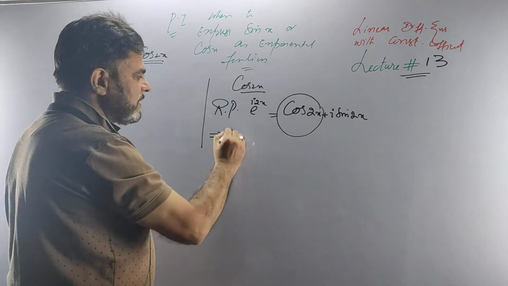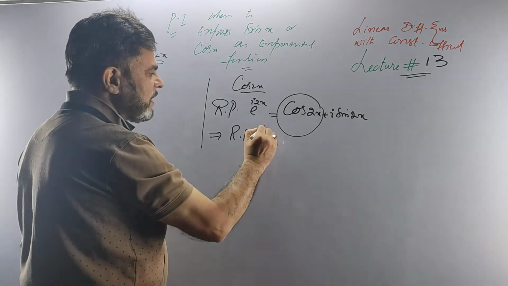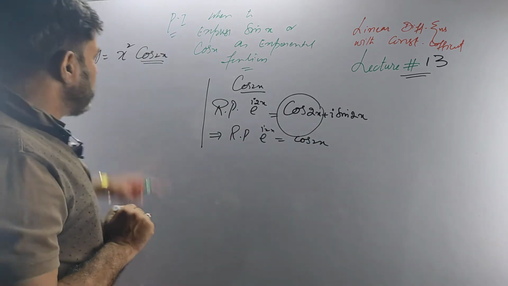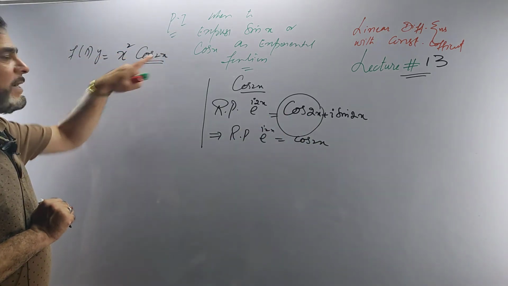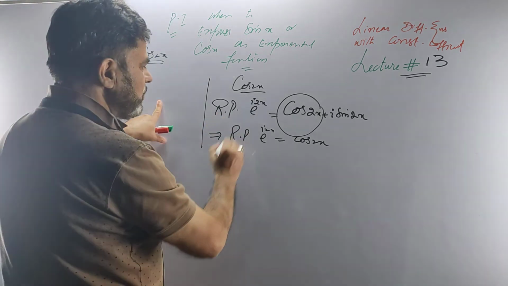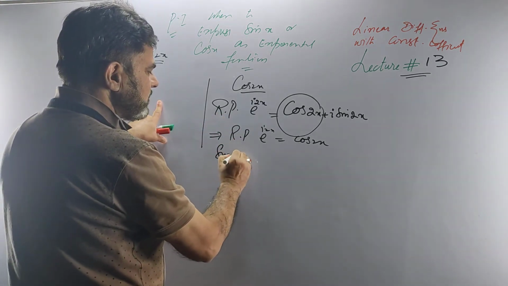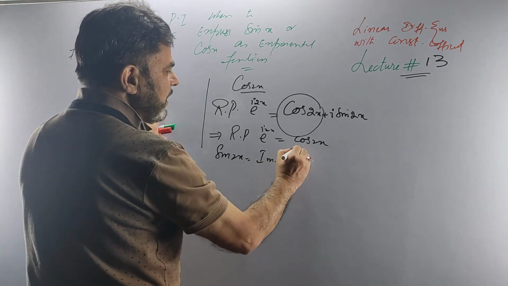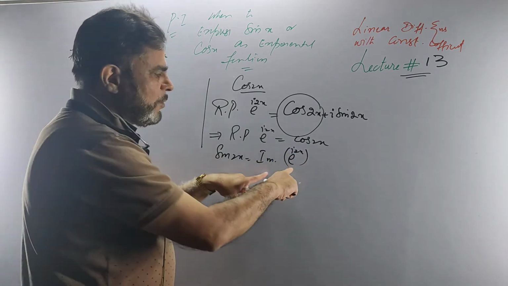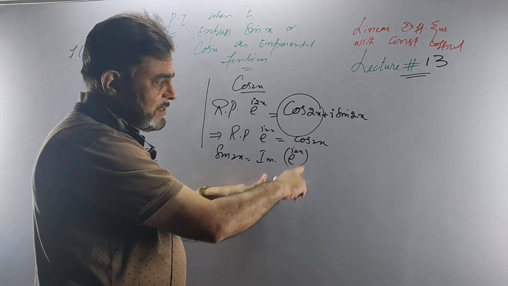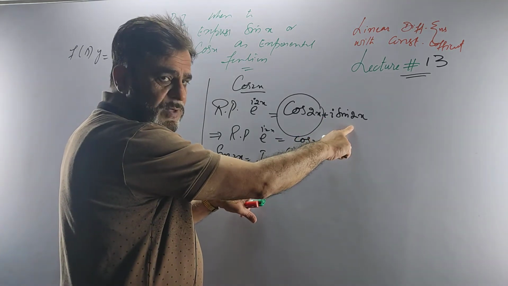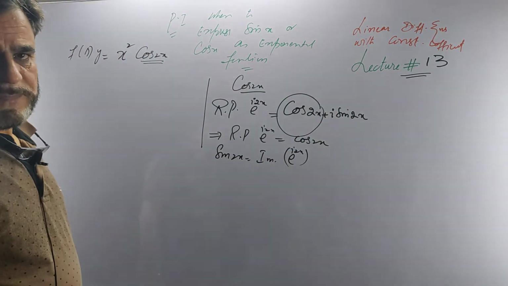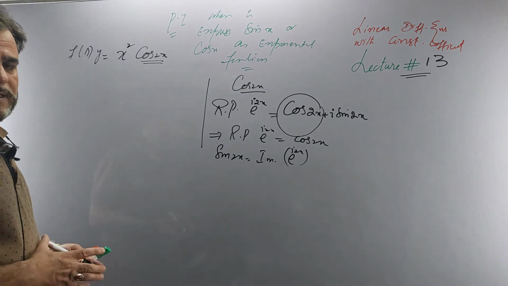So the real part of e raised to the power iota 2x is your cos 2x. Suppose it would have been x square sine 2x, in that case you would write sine 2x as the imaginary part of e raised to the power iota 2x, because when we open it, it is cos 2x plus iota sine 2x. What is the imaginary part here? It is sine 2x.